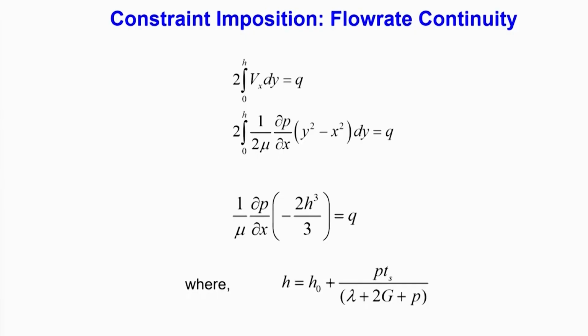Now, you have to put a constraint if you want to couple the fluid and the solid. So, the physical constraint is, let us say there is a channel, and the channel is deforming, meaning its fluid area is either increasing or decreasing, but if you have steady state the same flow is occurring. So, if you integrate the velocity over that h, where h is variable, you have the flow rate q which is fixed.